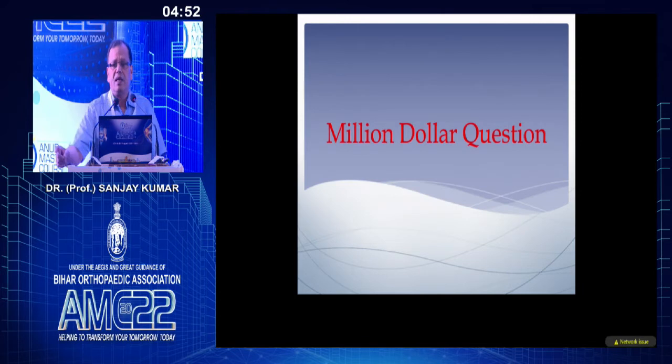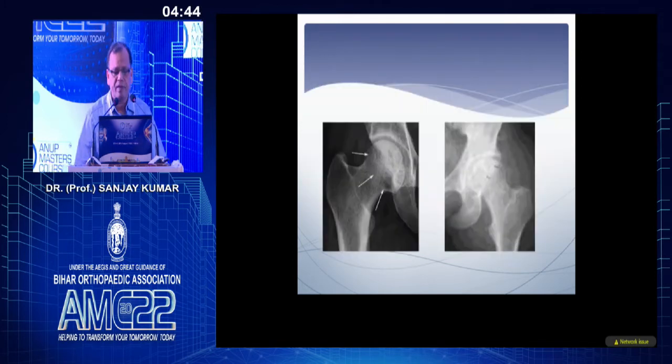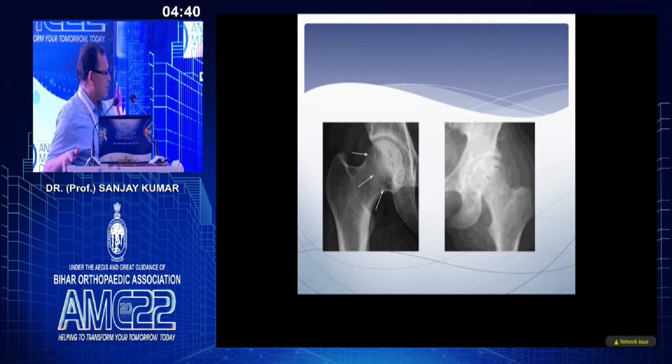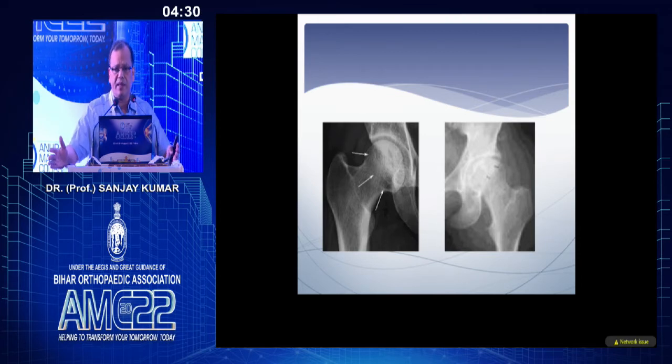So friends, the question is how to go with the treatment. The million-dollar question is, we have to remember this X-ray. We have to see whether the head is collapsed or non-collapsed. All the treatment lies on this, whether we are getting the patient in a pre-collapsed scenario or a collapsed head.